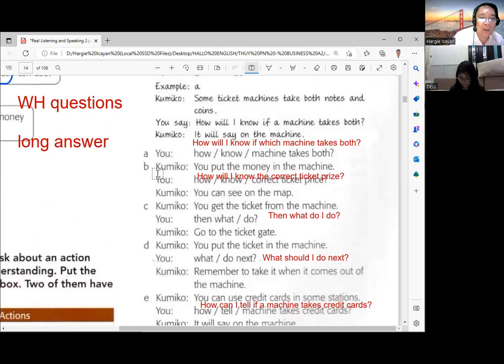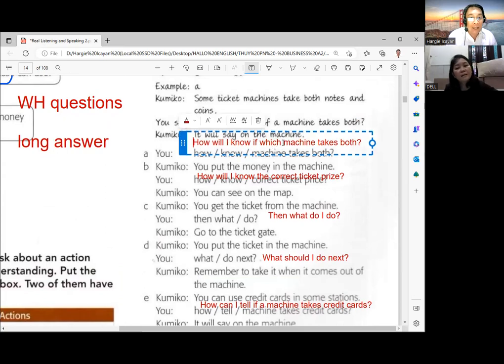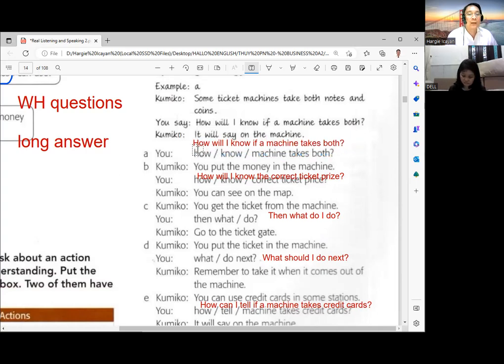Okay, now let's try to read this conversation, Toy. I will be reading Komiko, and you will be reading you. You first. How will I know if a machine takes both? You put the money in the machine. How will I know the correct ticket price?